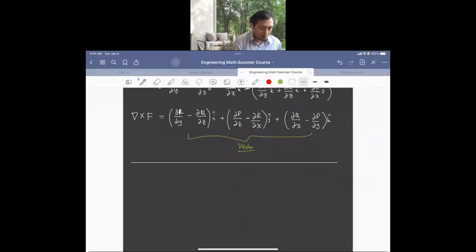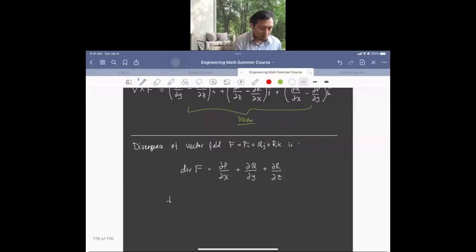The divergence of vector field F, we say div F, and we can also write this as del dot F.